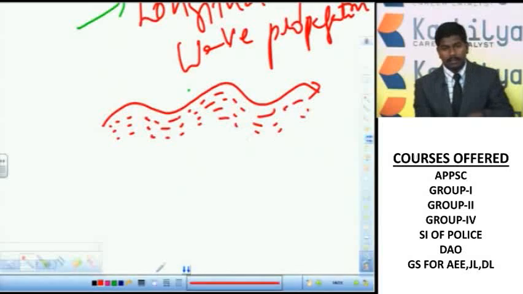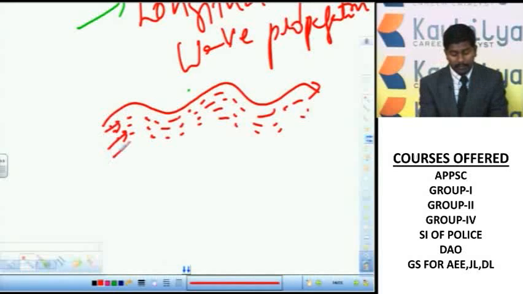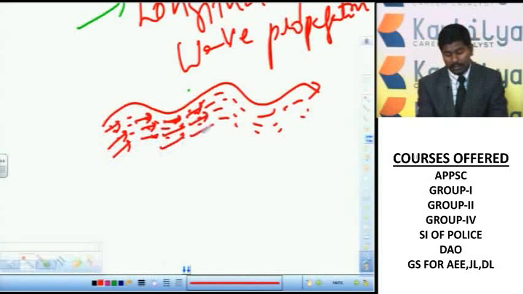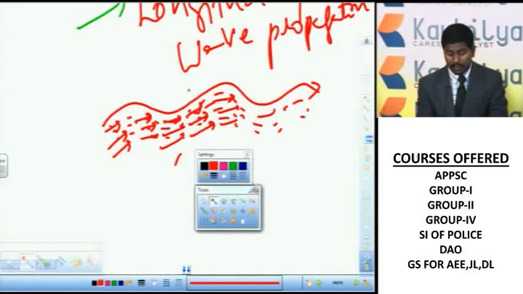For example, this is the direction of the wave, and the vibrating particles also move in the same direction as the wave. When the wave is moving like this, the vibrating particles are also moving like this. This type of wave propagation is called longitudinal wave propagation.